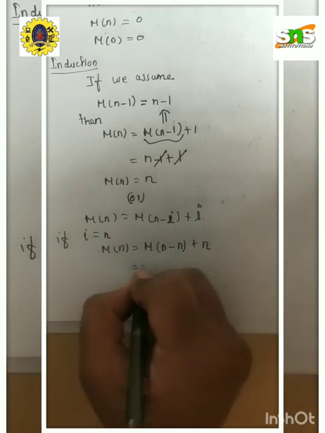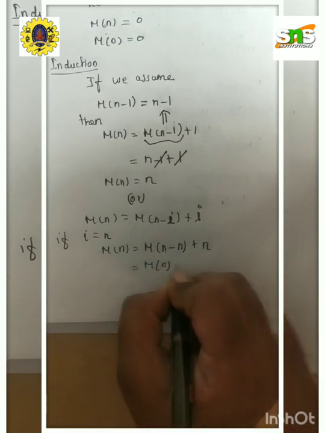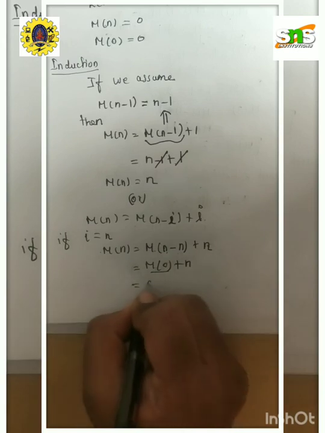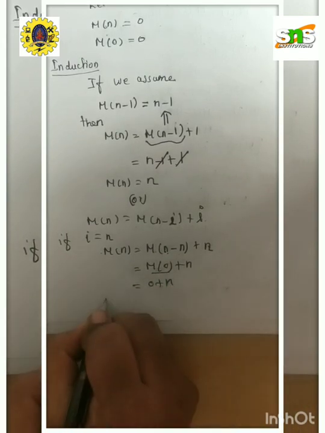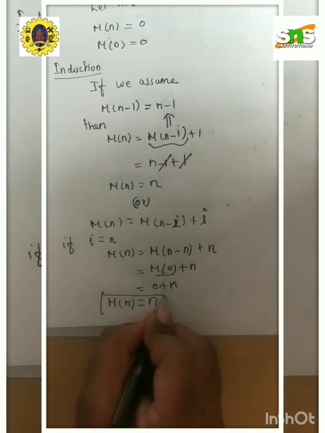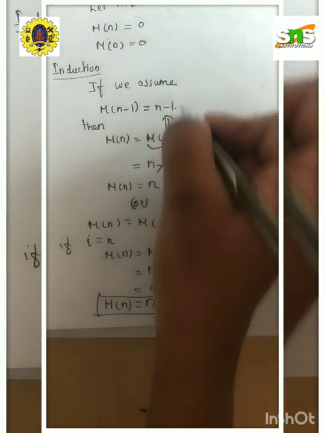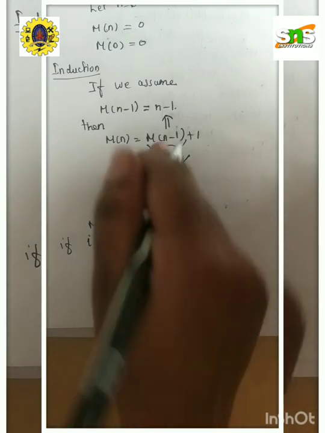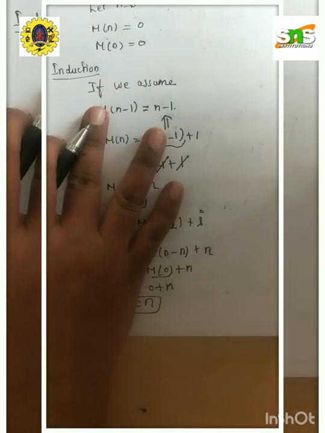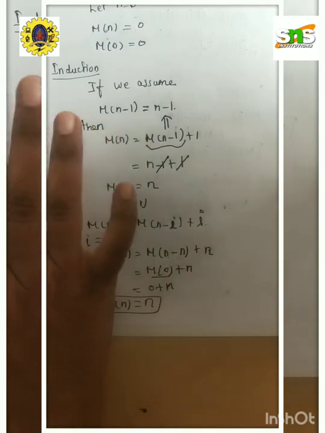So m of 0, n minus n is 0, plus n. M of 0 is 0, right? 0 plus n, then m of n equal to n. So it can be proved for n minus 1 and also n. So it will be equal. So our calculation is right for the given algorithm.